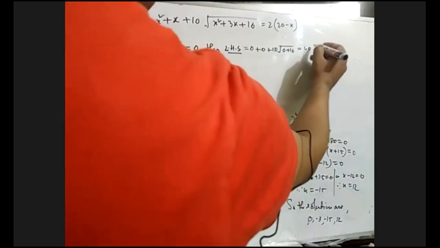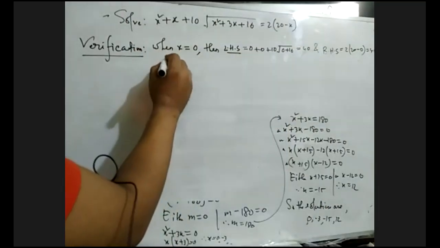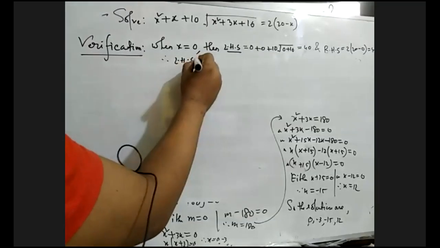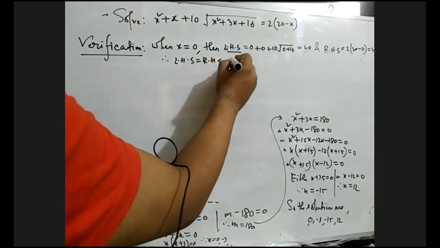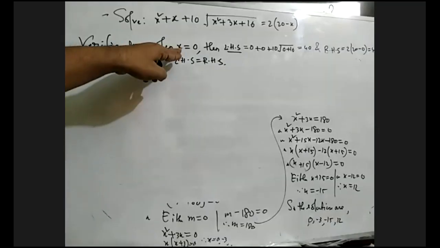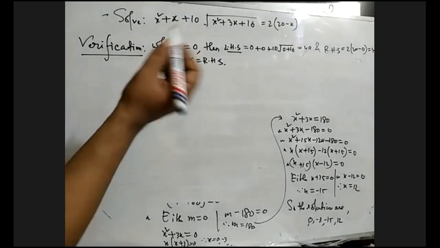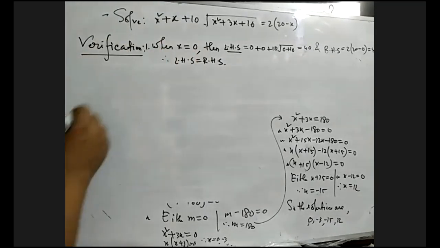And the right hand side equals 220 minus 0, what will be? 40. Therefore, left hand side equals right hand side. So we can decide x equal to 0 is the solution of this equation.